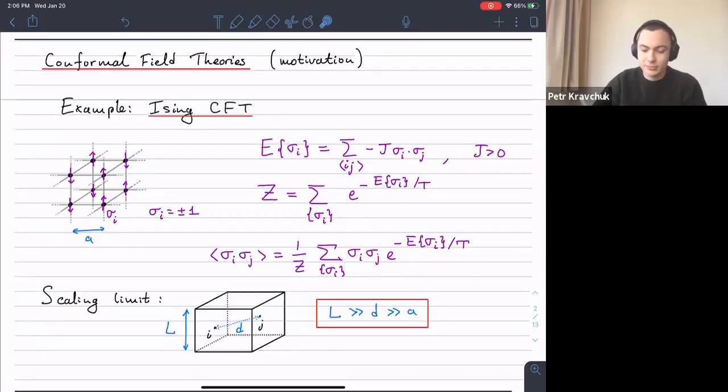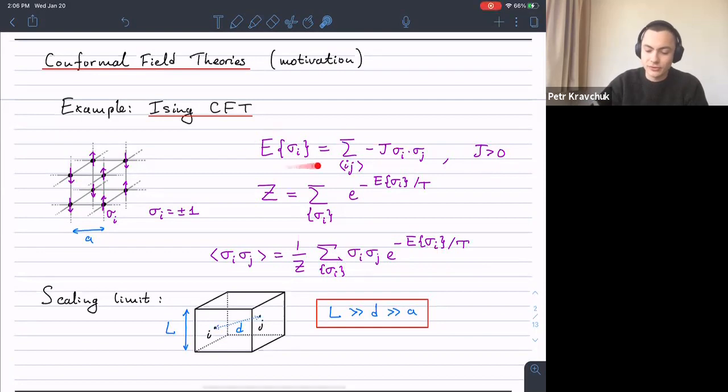What this energy means is that in order to minimize the energy, you want all the spins to align, to point in the same direction. Configurations in which spins point in random directions have higher energies.